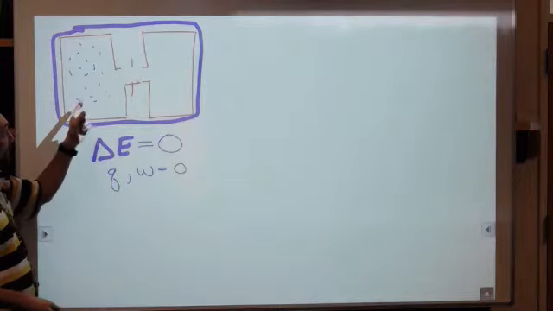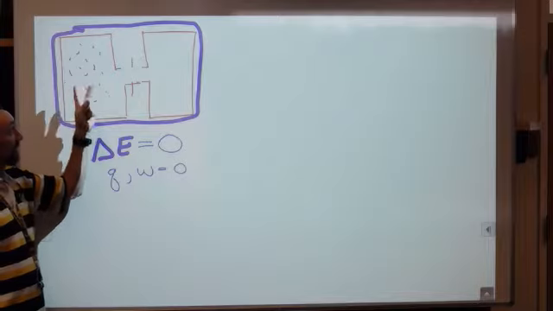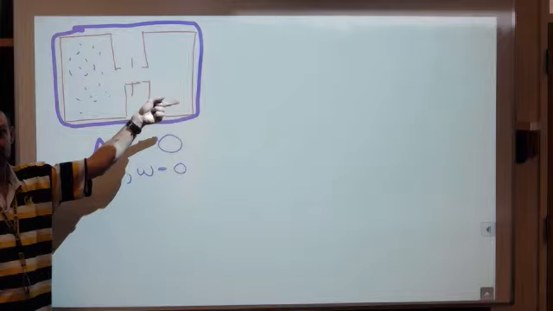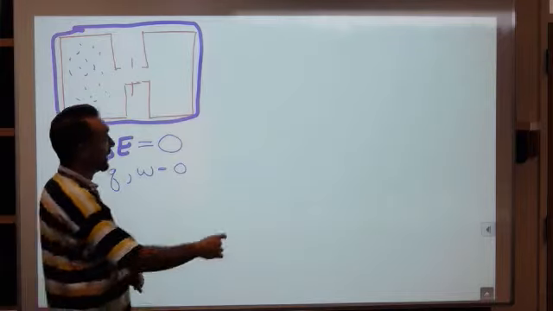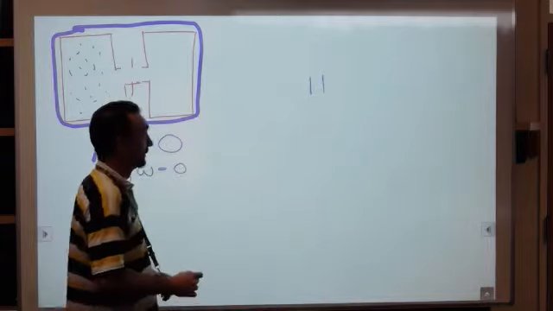So let's say I had one particle. One particle is boring. It can be on one side or the other. So there's one way to do that.